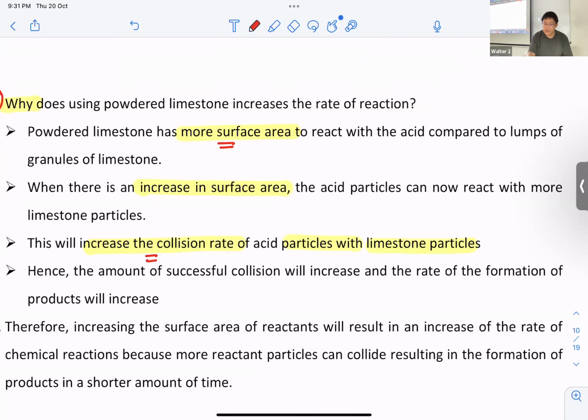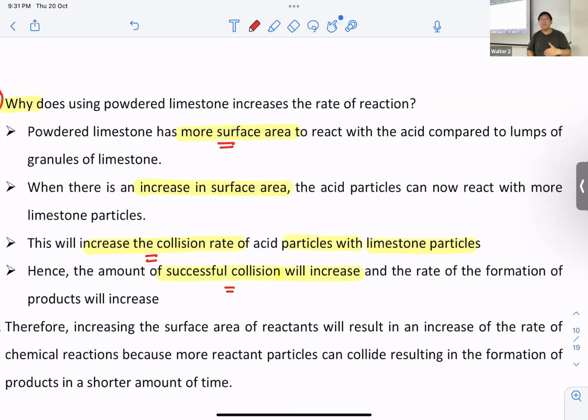And then lastly, if you increase the number of collisions, you will also increase the number of successful or effective collisions. With this, you will score 2 to 3 marks in total. Only if you hit all 3 points can you get full marks. If you write only 1, which is surface area, you get only 1 mark.